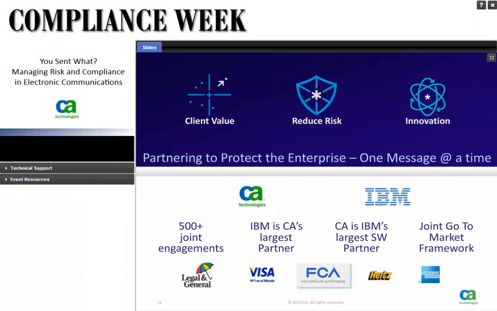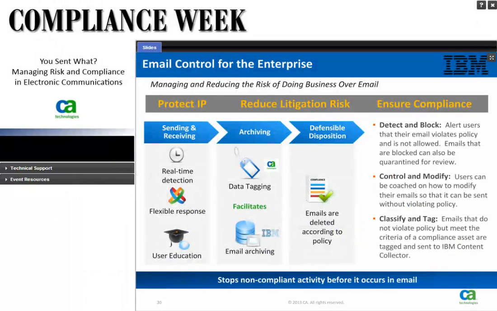The offering that we put in place with IBM is called Email Control for the Enterprise. It addresses the types of risk as well as the best practices from a capability perspective that Chris has reviewed with you.